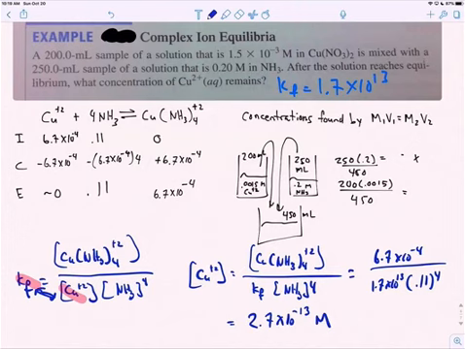So that's a really small amount, right? If you're used to small numbers, there's your small number. But it's a little different when you do complexing ions because they form so readily and so effectively. So with the ICE chart, you really shift all the way far to the right on this one.